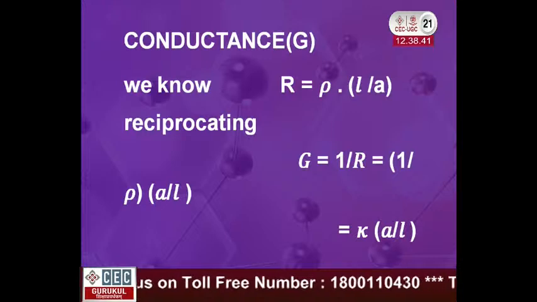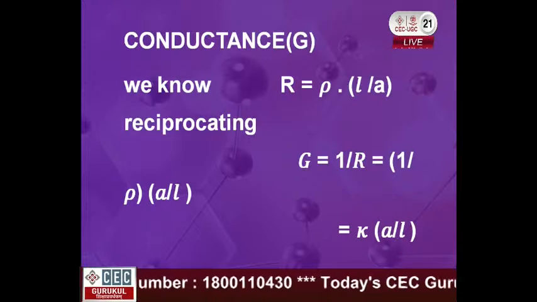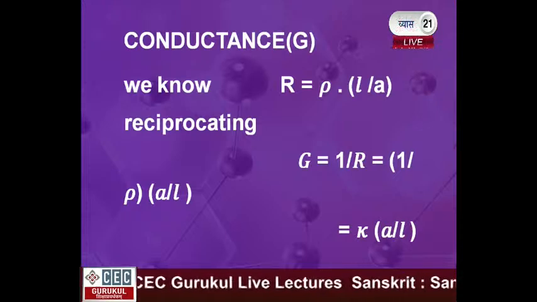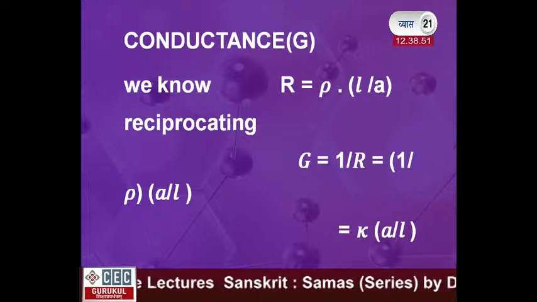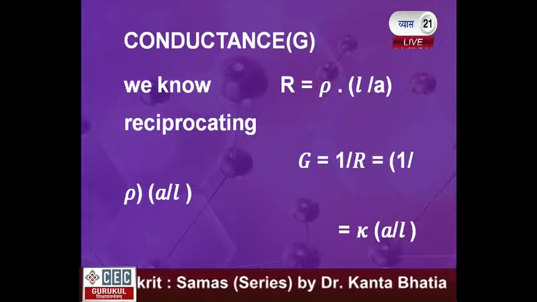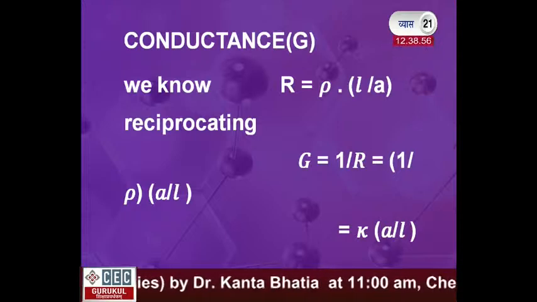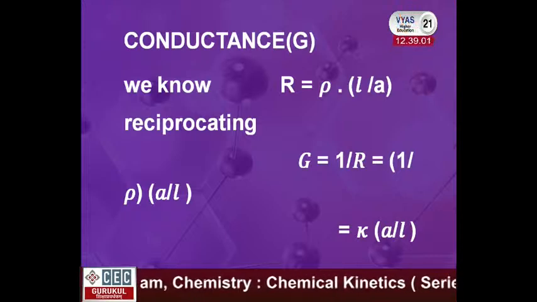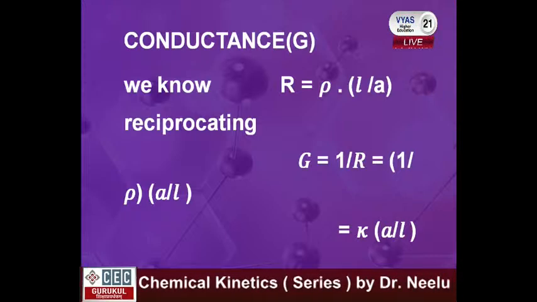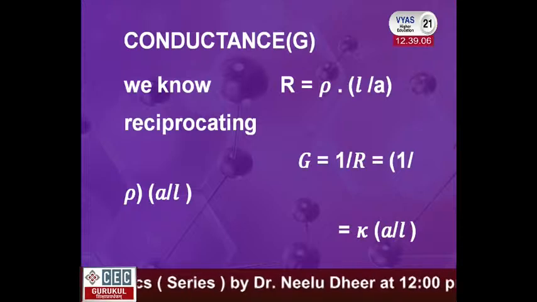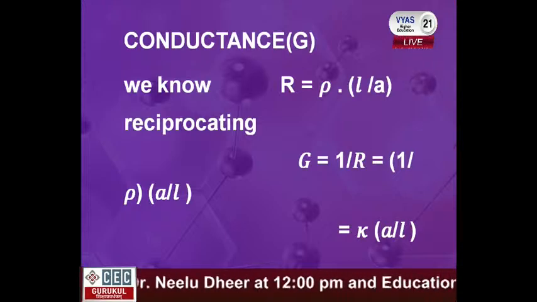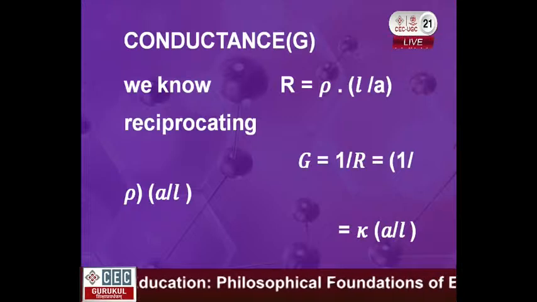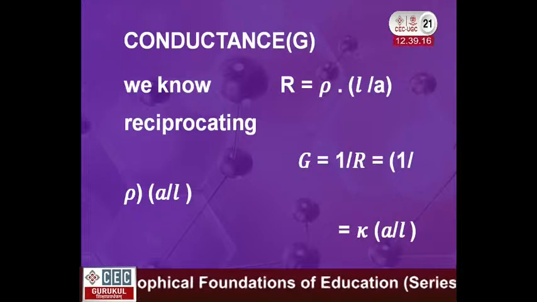So, conductance G is equal to 1 by R, which is equal to 1 by rho into A by L. We have reciprocated the equation R is equal to rho L by A, which gives us 1 by R, which can be equated to G. So, we get G is equal to 1 by R is equal to 1 by rho into A by L. 1 by rho is kappa.